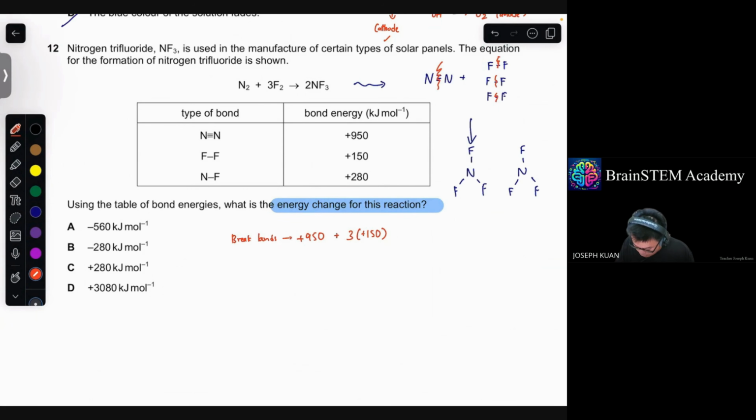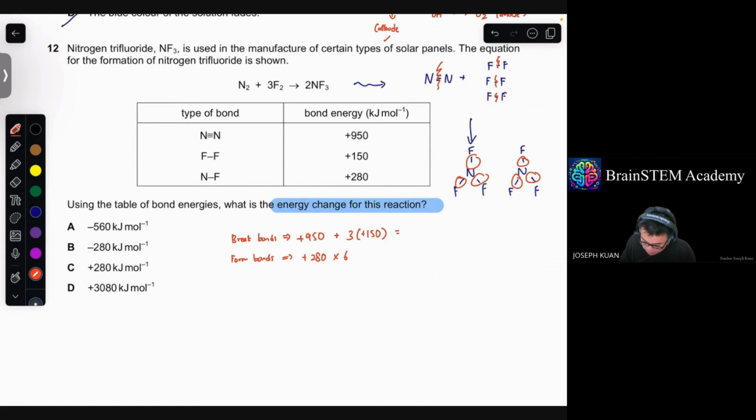All right. So for the next one is the formation of nitrogen trifluoride. There's 2 molecules of them, so there's actually 6 bonds. Okay, so to form bonds, there are 6 bonds for us to form actually. So it will be 280 multiplied by 6.